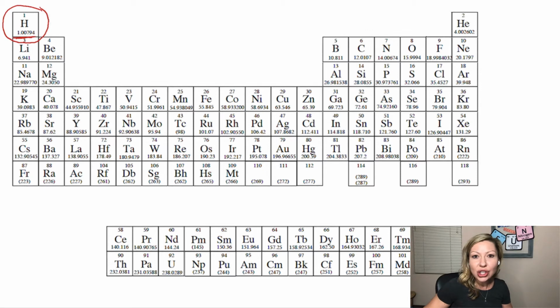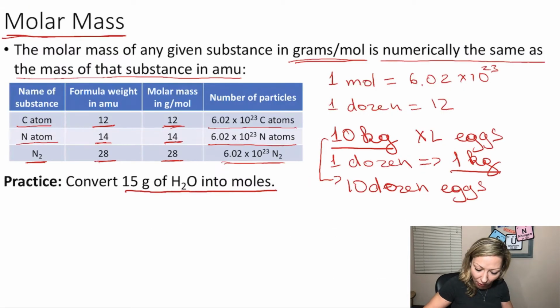What about oxygen atoms? Find oxygen in the periodic table. Do you have it? So in the case of oxygen, the molar mass of oxygen atoms is 15.9994 grams per mole. We are again going to round up to 16.00. So from here, we can calculate the molar mass of water.